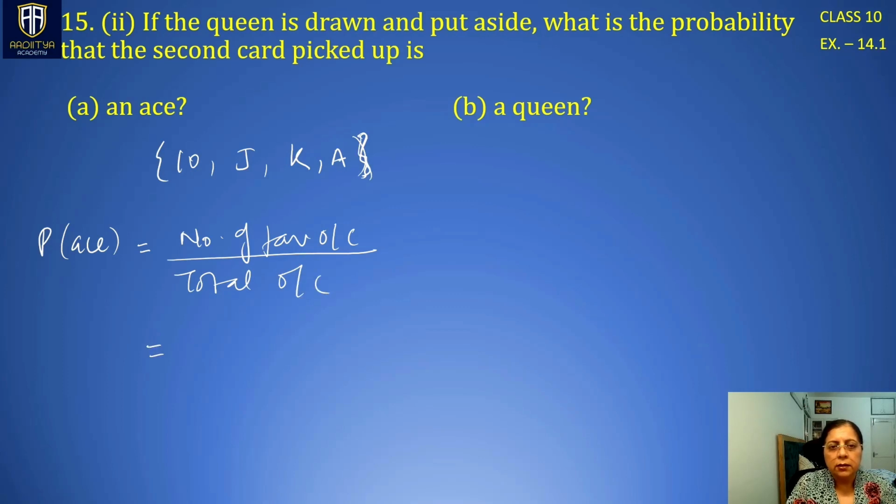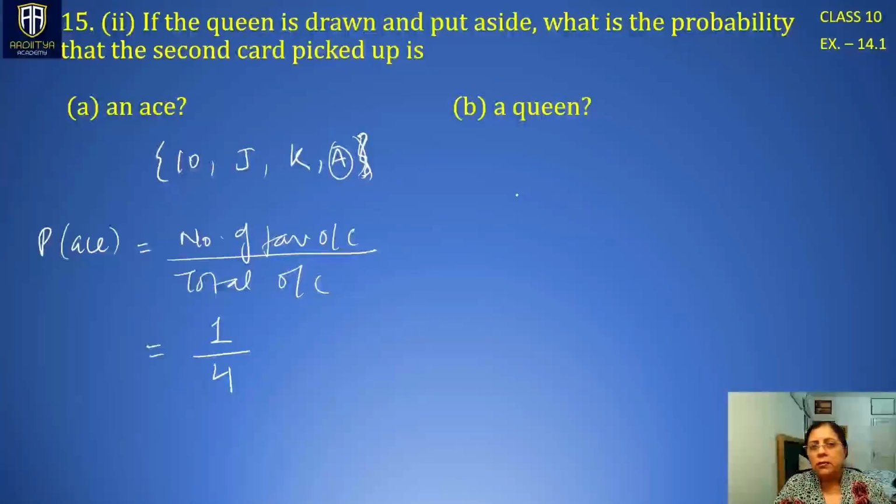These 4 cards have got only one ace. So favorable outcome is only 1. And in this case, now the total number of cards has been reduced to 4. Because the card which was drawn earlier has been kept aside. It has not been replaced into that set of cards. So the probability of drawing an ace becomes 1 by 4 now.